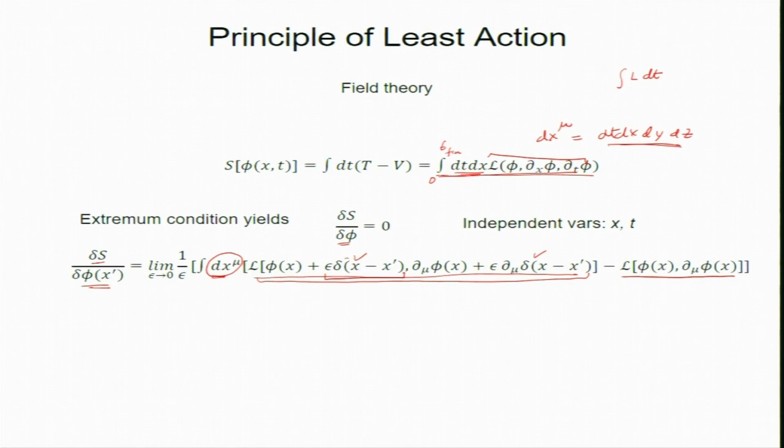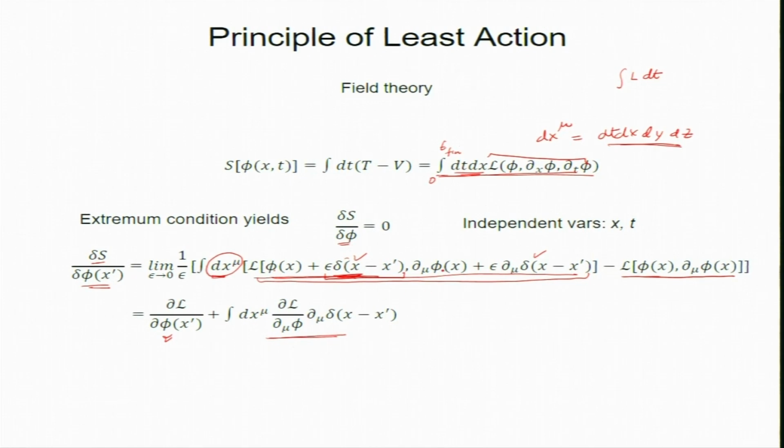Following exactly the same procedure as what we did for particles, we get this. First this term minus this term will give you that one, because you will get a contribution from here, and the second one will get a contribution like this.